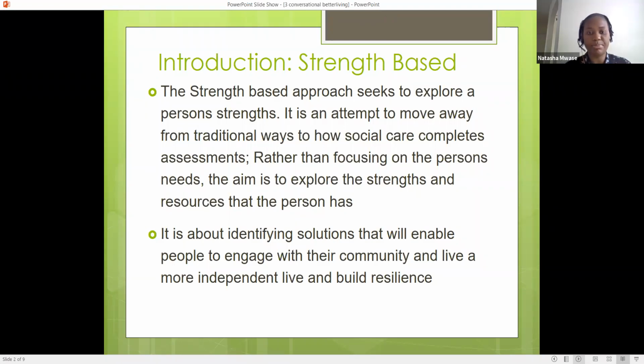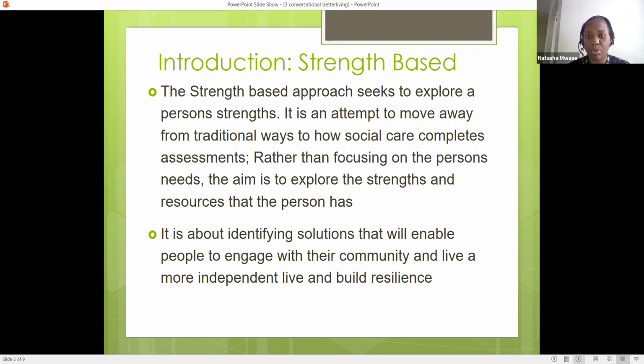Okay, so just to introduce what the strength-based approach is. The strength-based approach seeks to explore what a person's strengths are. It links in quite well with my colleague Awila's presentation of person-centered planning.